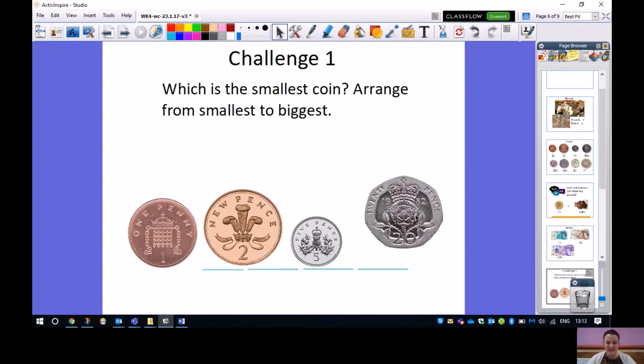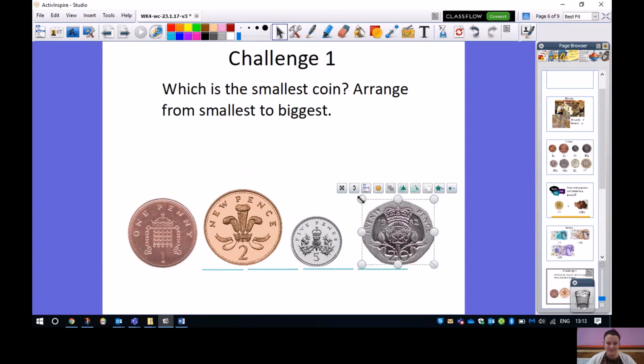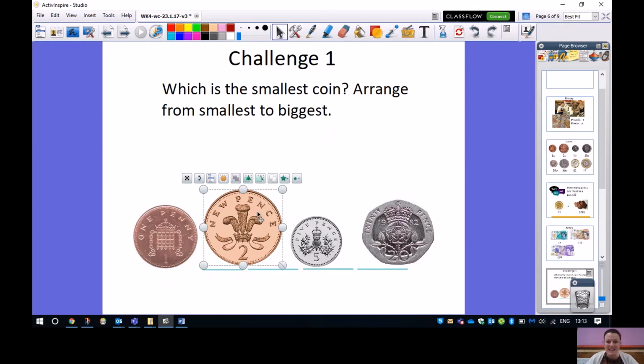And finally, 20p is our biggest coin. But in size, 20p is actually smaller than a 2p. So although this coin looks bigger, it doesn't have the same value. It is smaller than a 20p.